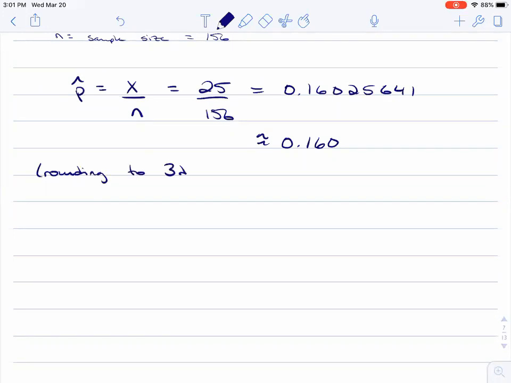So already we're going to lose a little bit of precision just by rounding, but I'm okay with it if you are. I know you are. You guys love rounding.